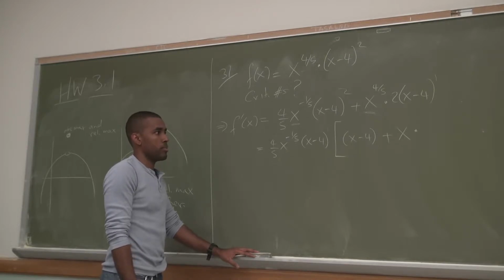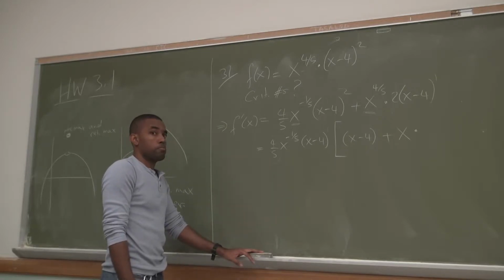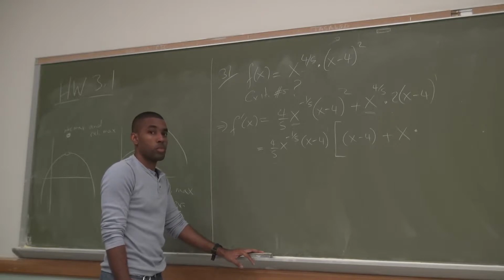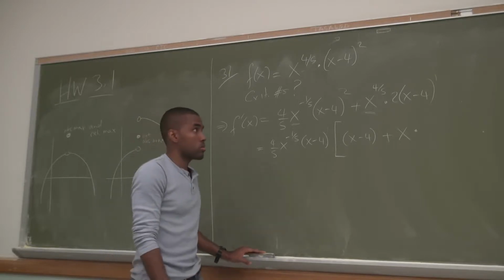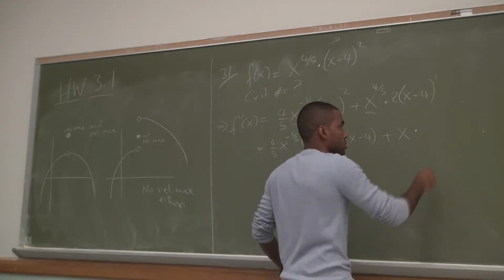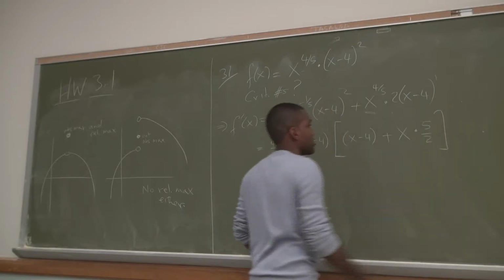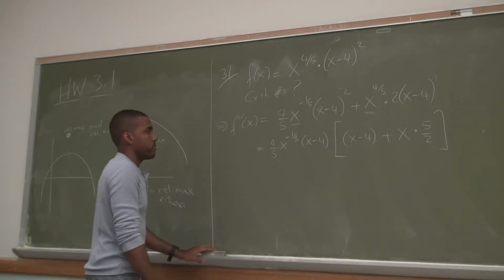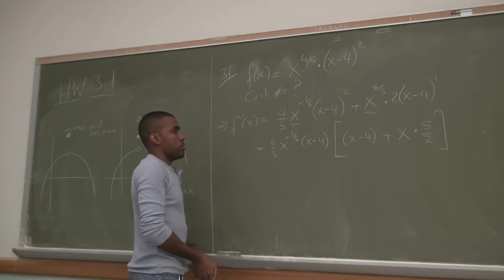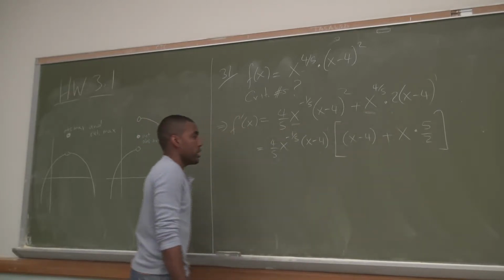So what would I have left here if I factored out a 4/5? That's 5 over 2. Okay, because if I take this times that, I get 2.